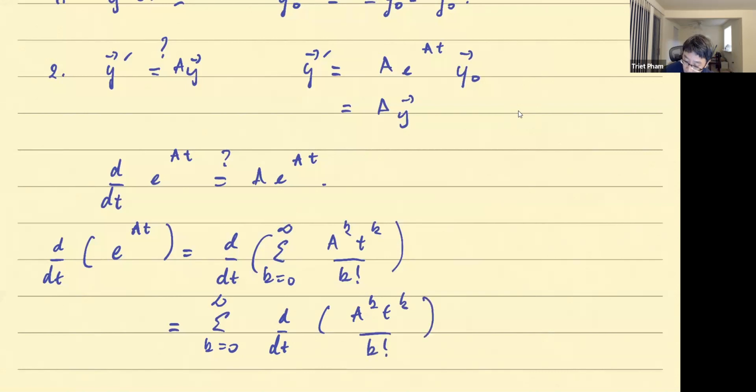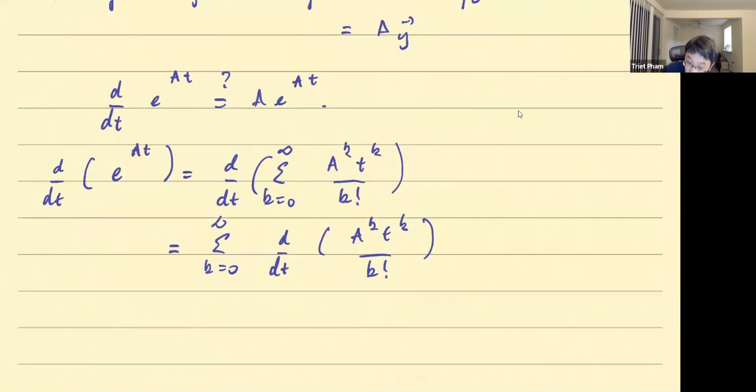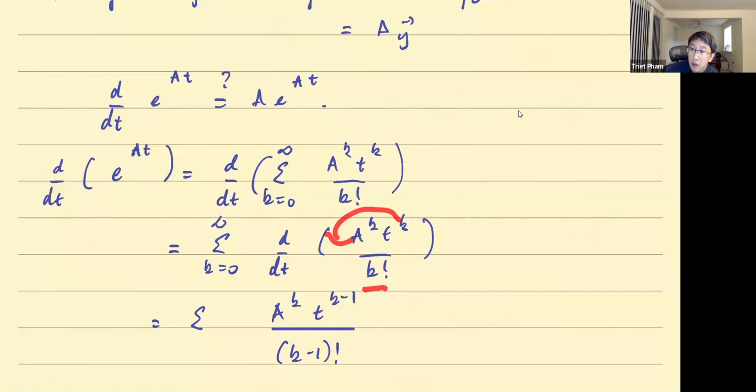But then, differentiating with respect to t is the usual one, where you get A to the k, t to the k minus 1, over k minus 1 factorial. Because when you bring down the k here, dividing by k factorial, it lowers the factorial down by 1.